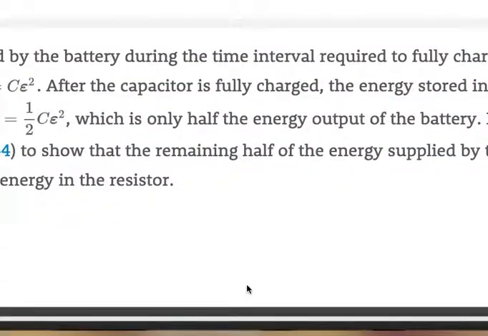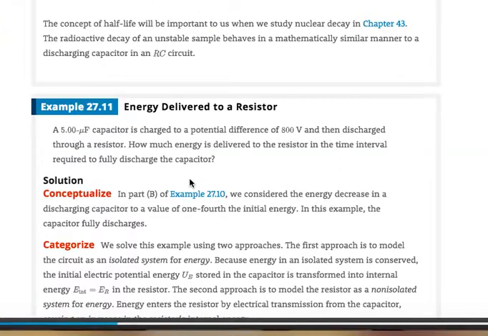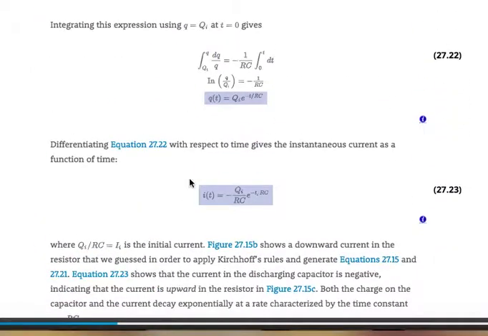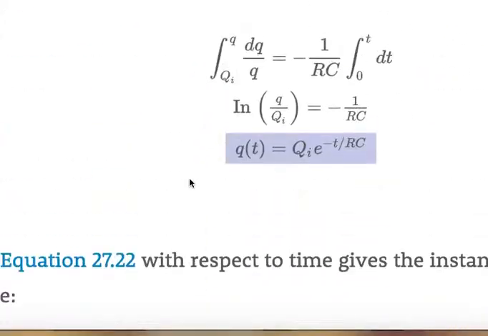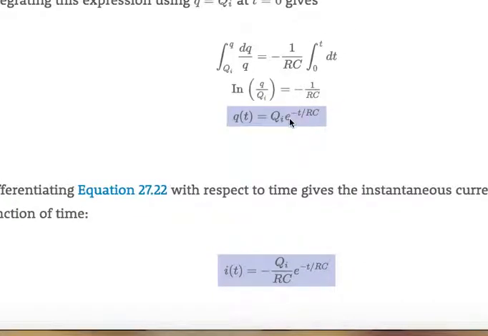All right, when you are discharging a capacitor, the charge will slowly come off of it, and it will look just like what we just saw for the current for the last one. You'll start at maximum charge, and it will slowly decrease like that. Again, the graph will look identical to what we just saw for charging.